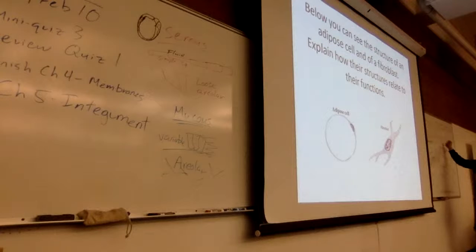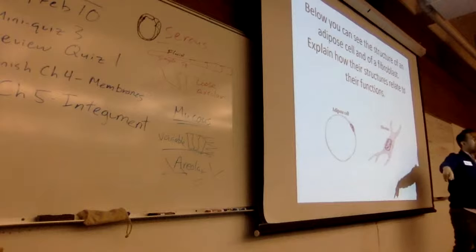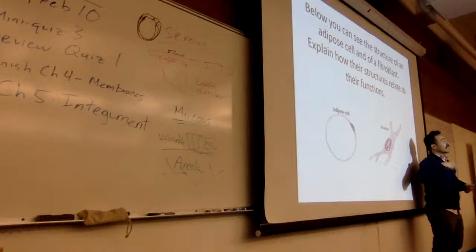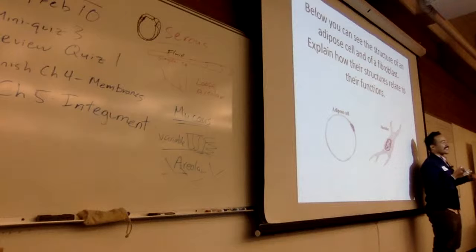How does its structure relate to its function? What's the advantage of these things? It's extending. Go on, complete the sentence. By extending, why is that advantageous? We're not quite communicating.